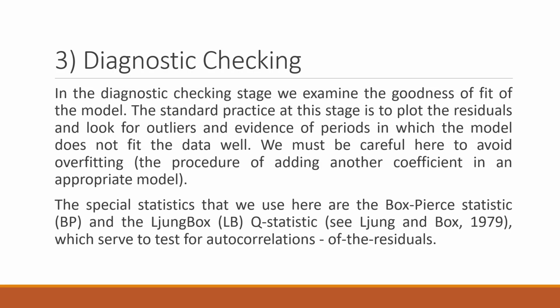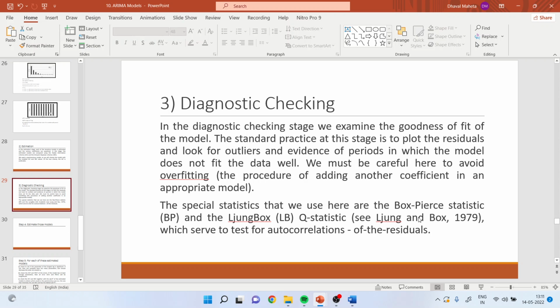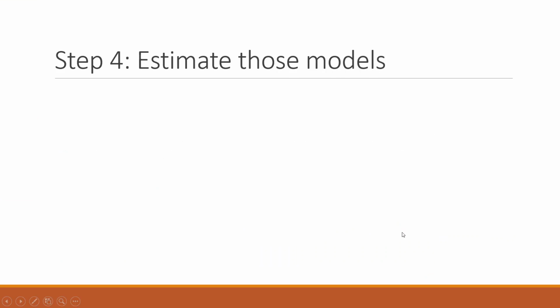After we have selected the model, there are some diagnostic checks which we will have to do, and on that basis, we will try to evaluate the best model. The statistics which we are using are Box-Pierce statistics and Ljung-Box statistics, that is the Q statistics. The next step is to estimate those models.